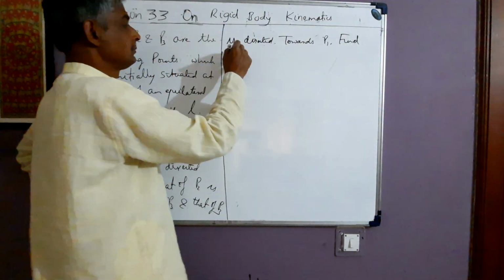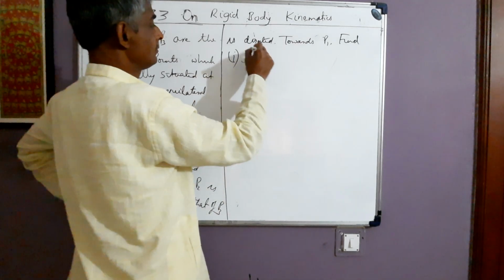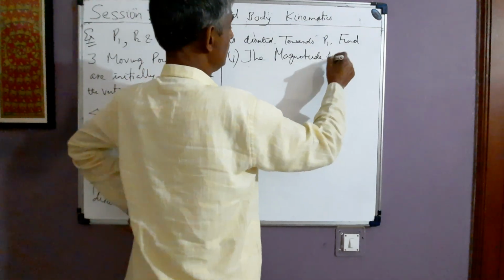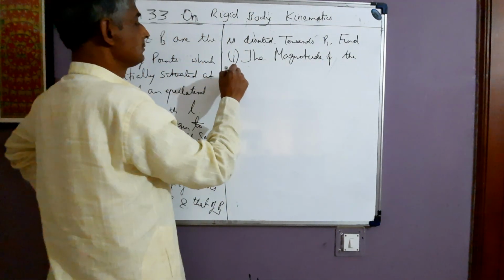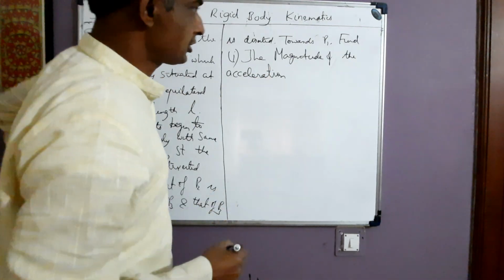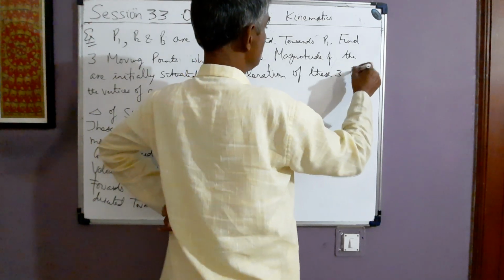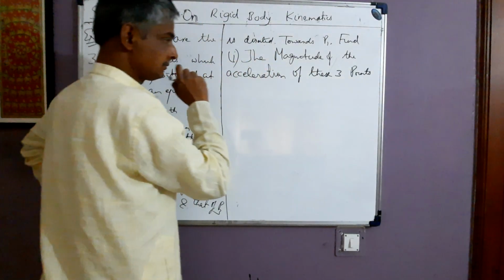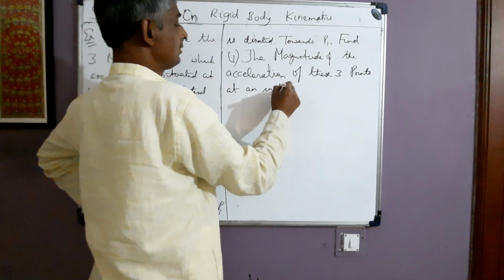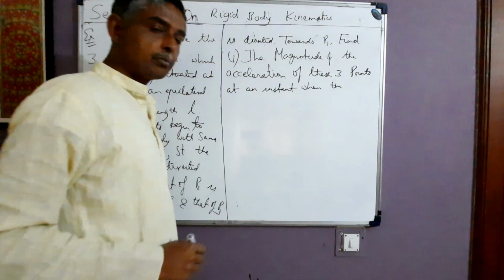Now we have to find three things. First, find the magnitude of the acceleration of any of these 3 points at an instant when the separation between the points becomes r.